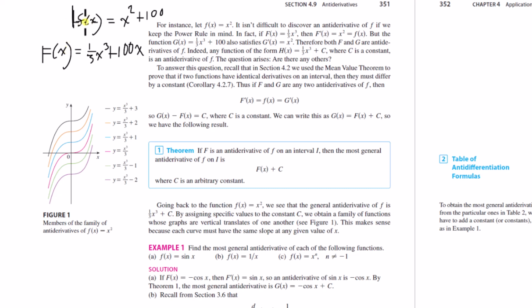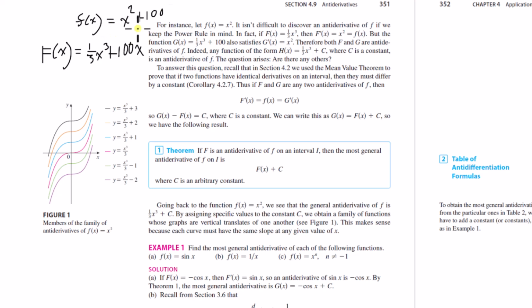But this capital F of x is associated with the antiderivative definition that we're talking about right now. In this context, capital F of x only has variable terms and no constants in it. We're strictly talking about the terms that have x's gathered together so that when you take the derivative, you get the original function back.